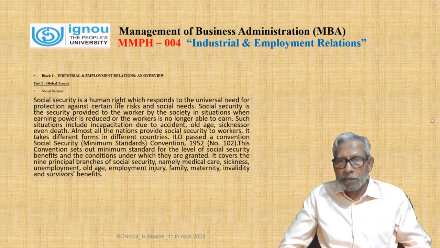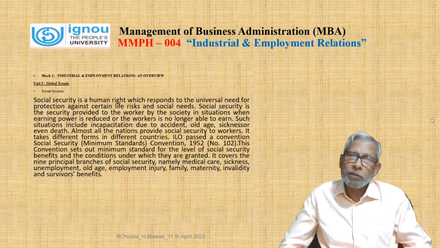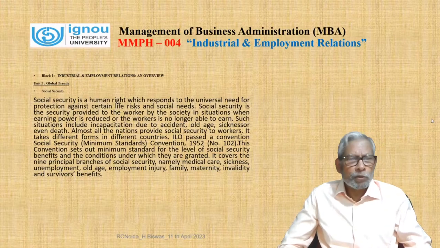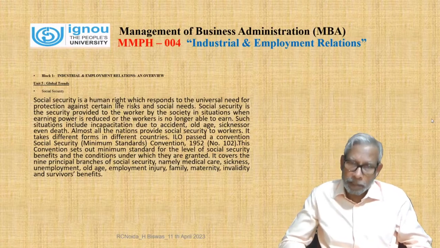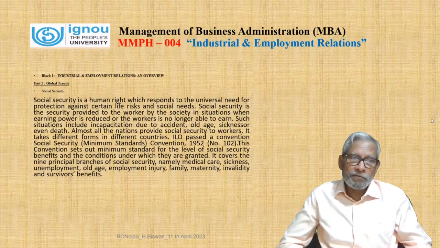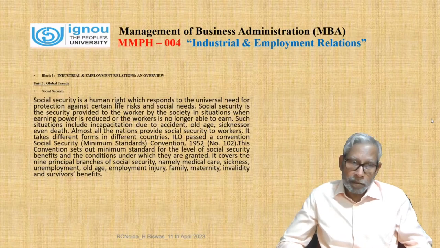So in 1952, in the convention, the ILO passed some social security norms and mentioned some minimum standards, these benefits and the conditions under which they are granted. It covers the nine principal branches of social security.